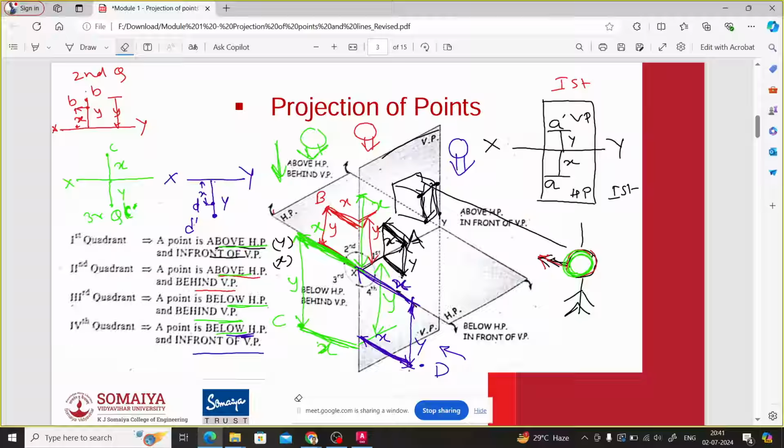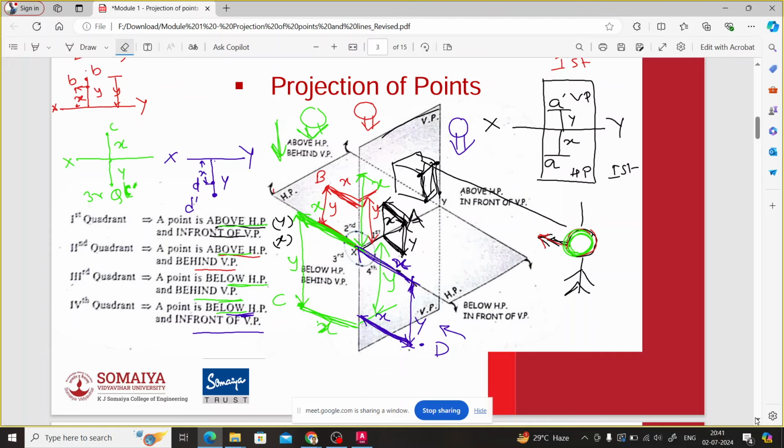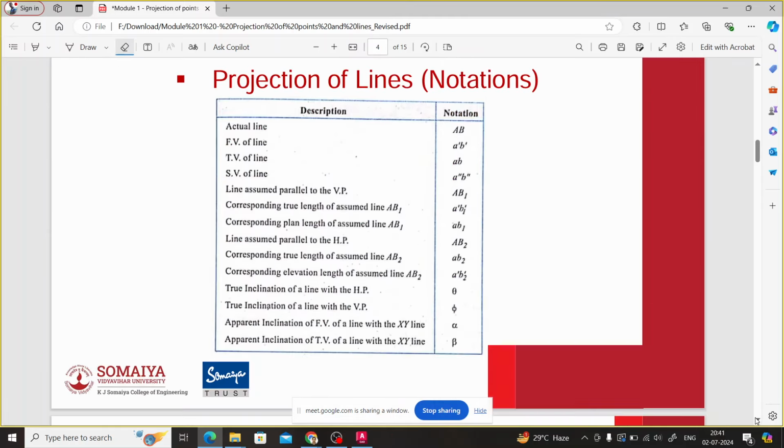Great. Now we will go further. I am also going to share this with you because you might not have this PPT. Now these are all the notations I will be telling you in the course of time.